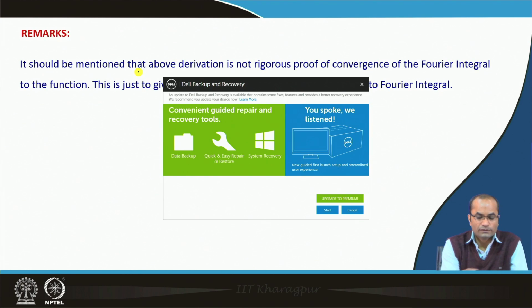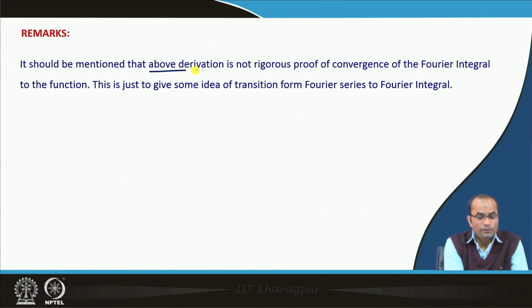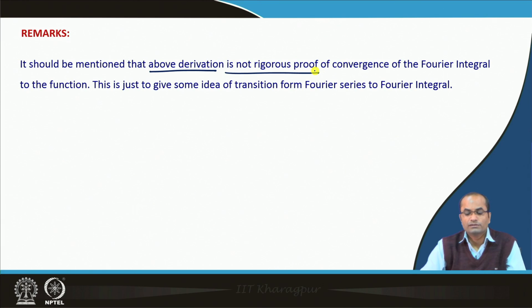Well, so we have some remarks here. It should be mentioned that the above derivation is not a rigorous proof of the convergence of the Fourier integral. We have just gone through it assuming smoothness of the function, because we wrote f(x) equal to the Fourier series, and then did some convergence arguments, which were not a very rigorous proof mathematically.